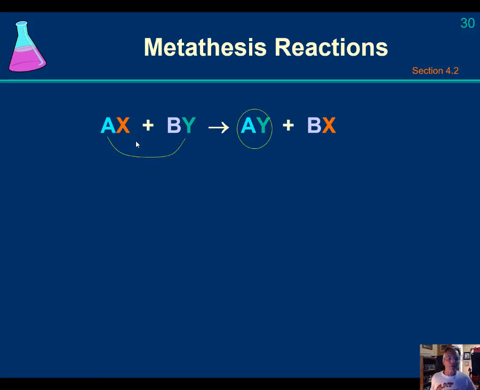A comes to the party with X but leaves with Y. And B comes to the party with Y but leaves with X. I think I used that little analogy last time. So these two compounds swap partners. So that's why we might call this a double replacement reaction. So double replacement. Both partners have swapped.